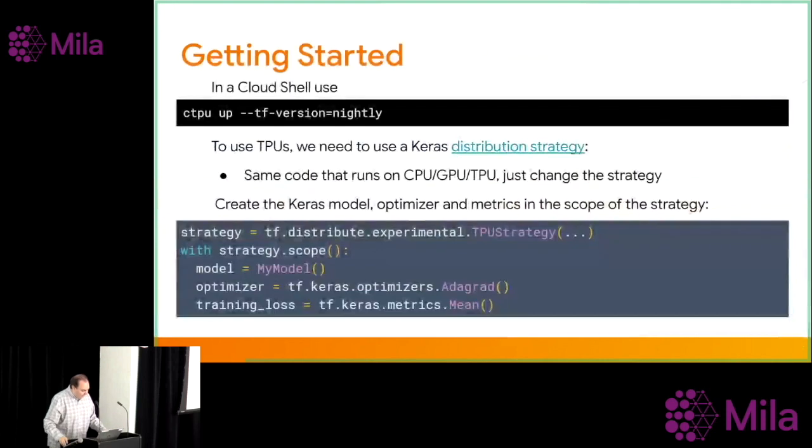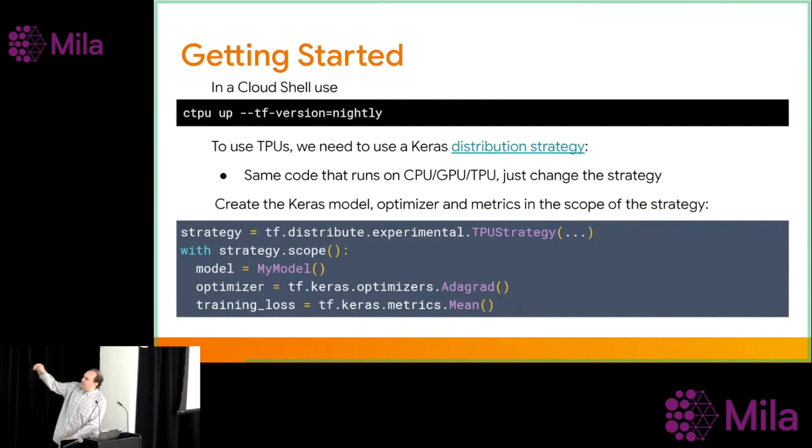You log into the Google Cloud website once you have your free TPUs, open up the Cloud Console, and type in ctpu up. As I say, you should use the argument tf-version nightly to get all the latest bug fixes. Generally that should work, but sometimes it might be busted. We apologize when that happens.